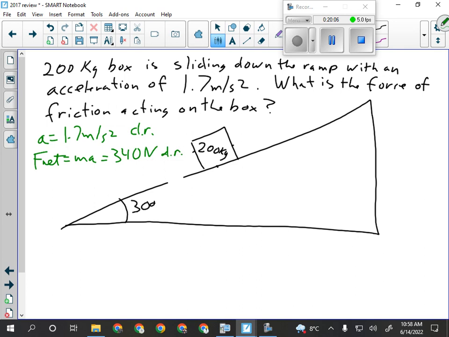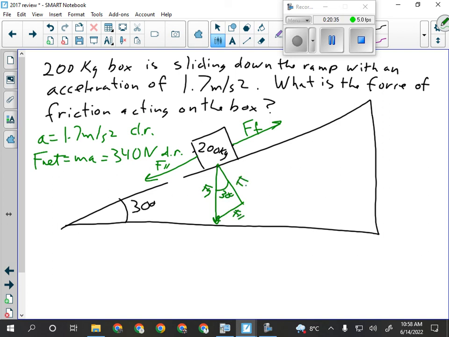All right, other forces that are involved. We are looking for the force of friction. What force is pulling down the ramp? F parallel. Since the net force is down the ramp, F parallel has got to be the bigger of the two. So I've got to calculate F parallel using that little triangle that is present on every inclined plane. The hypotenuse of that triangle is the force of gravity. The internal angle is the same as the incline, and the opposite side is F parallel.